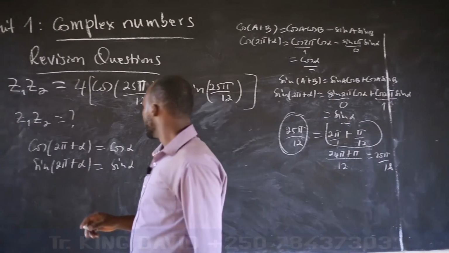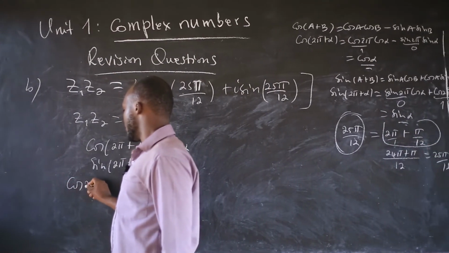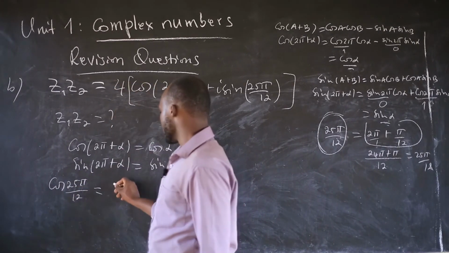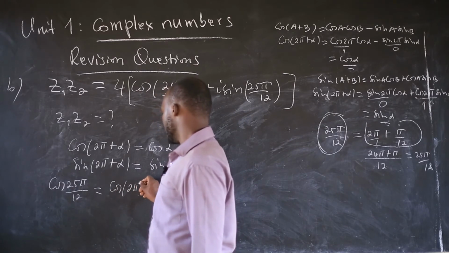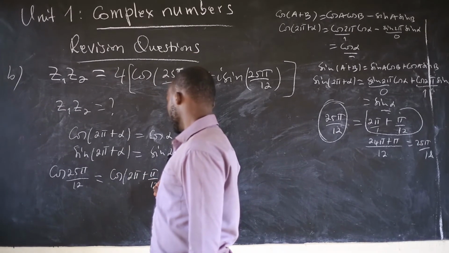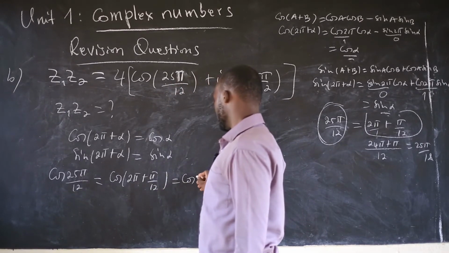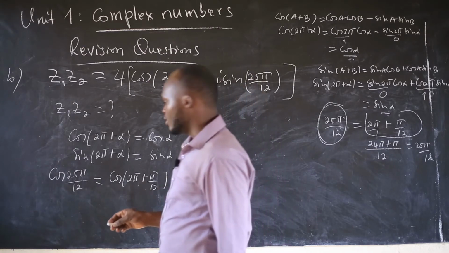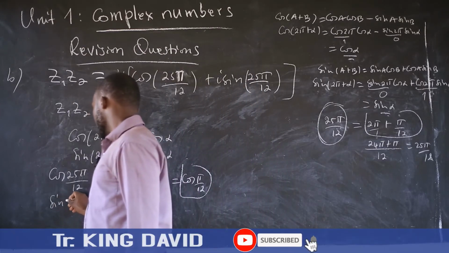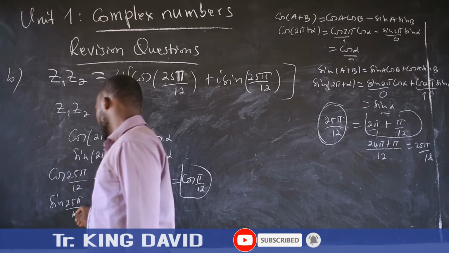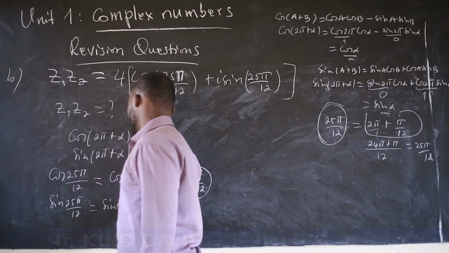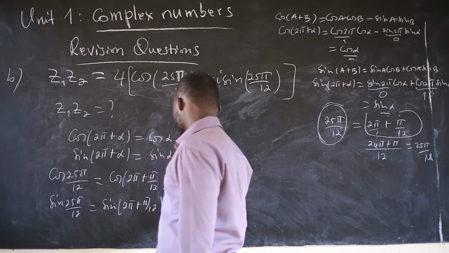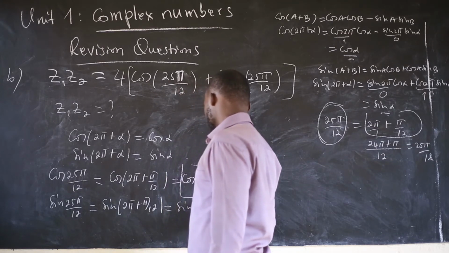So cos of 25 pi over 12 is the same as cos of 2 pi plus pi over 12, which is the same as cos pi over 12. Likewise, sin of 25 pi over 12 is the same as sin of 2 pi plus pi over 12, which is sin pi over 12.